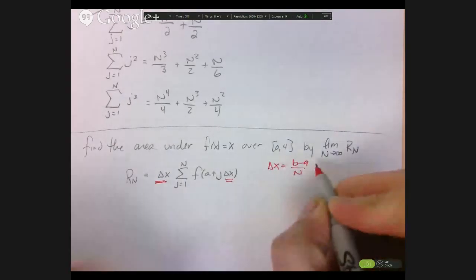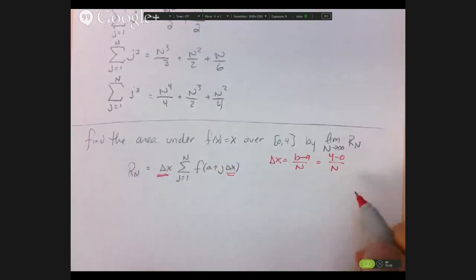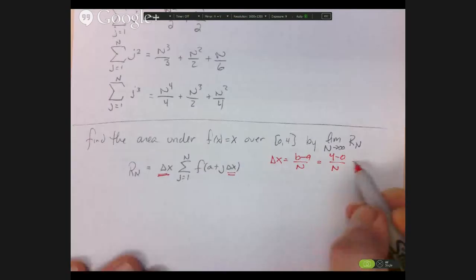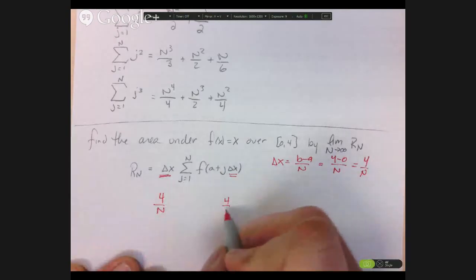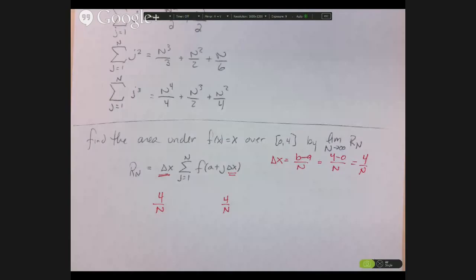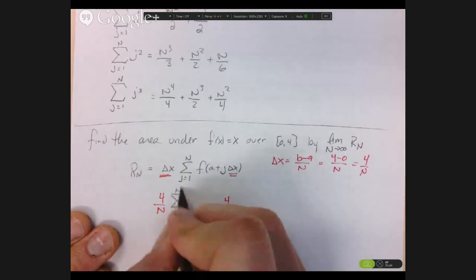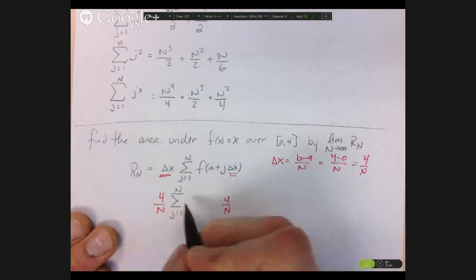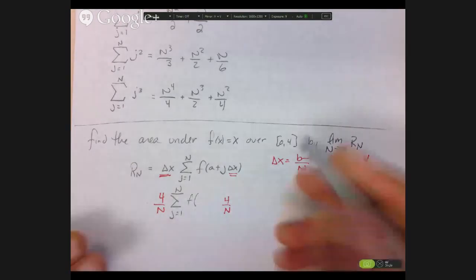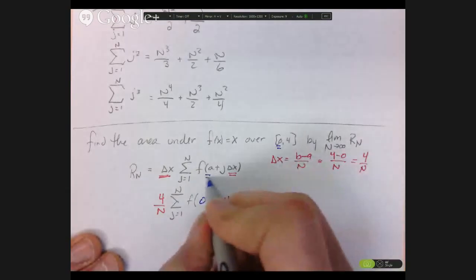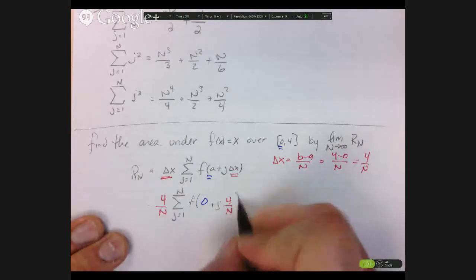So 4 minus 0 over n. n is not defined as a number this time, so we have no number. And a is what? 0. And then j is just j for now.